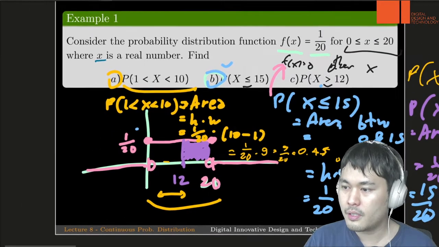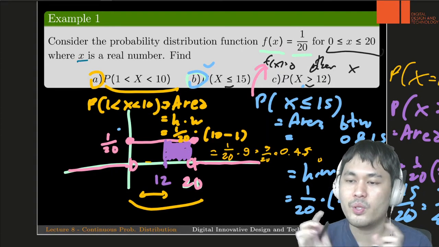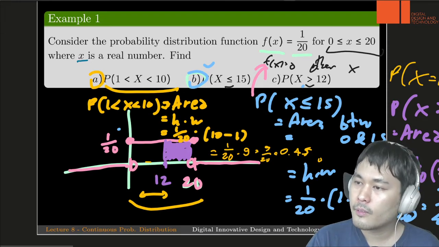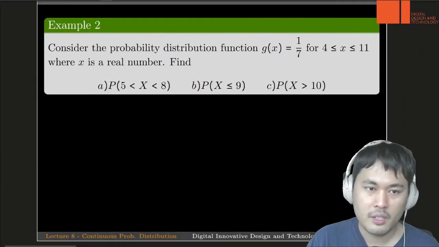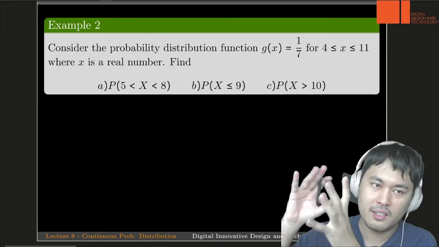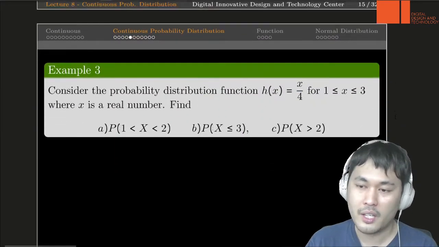So hopefully that is intuitive enough. The probability is the area between the respective part. So that's example 1. For example 2, that's going to be similar. So you can take a look at the slide. But let me get to example 3.